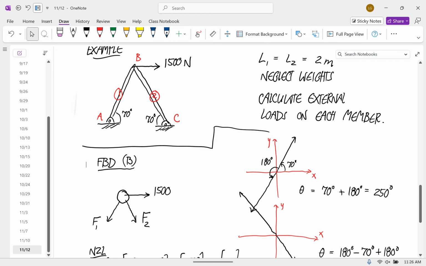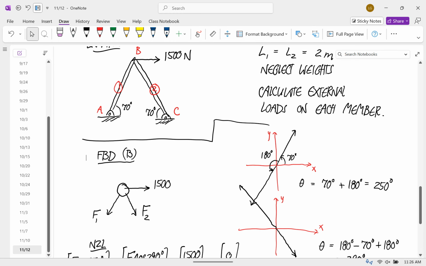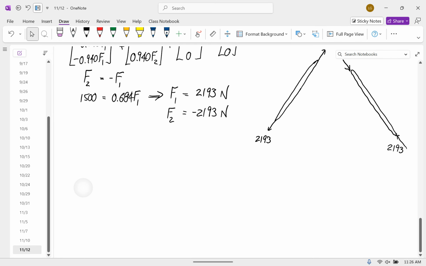Yeah. Well, we only isolated one of these two joints because we got our answer and that was the end of it. But if we isolated A, what we would get acting on A is a force vector RA, since it's a pin.